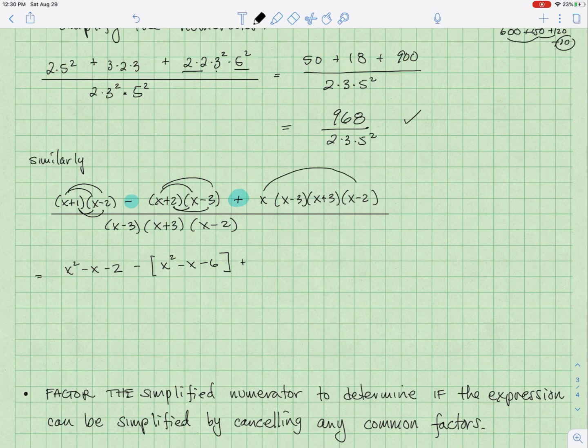I'm going to group these two together. So that's x squared minus 2x. And if I multiply these out, that's a difference of squares, and that's going to give me x squared minus 9. And this is still all over x minus 3, x plus 3, x minus 2.